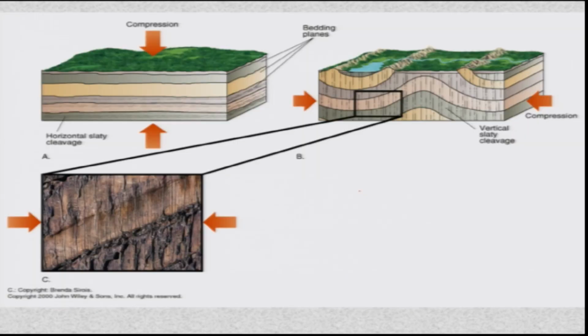Same example, but this is because of burial. We can say the sedimentary rocks here form slate because of the burial of the overburden. We have compression here, and beds at greater depth will have preferred orientation.